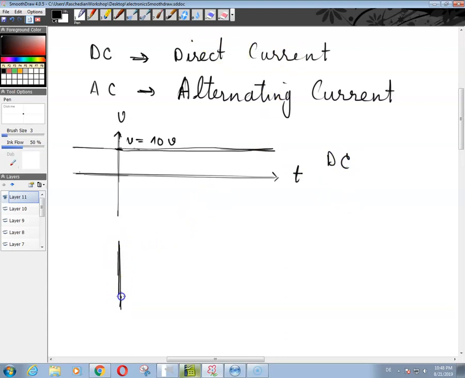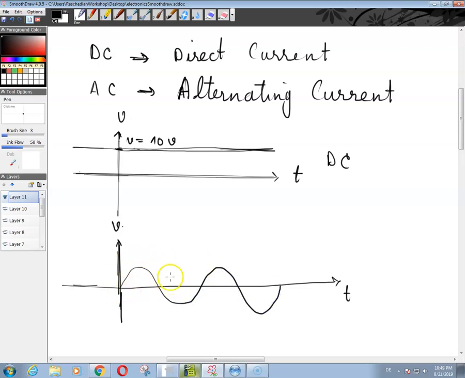Now the AC is going to be something like this. Suppose that this is time and this is your voltage, then your voltage is going to change over time. It's usually a sinusoidal wave, or sometimes, for example, a triangular wave.